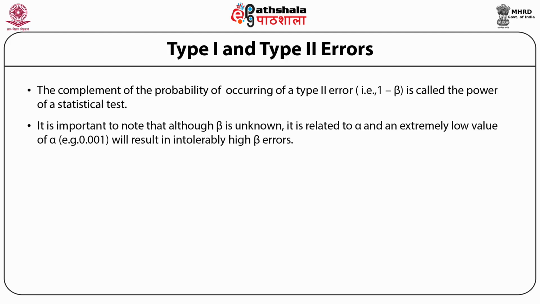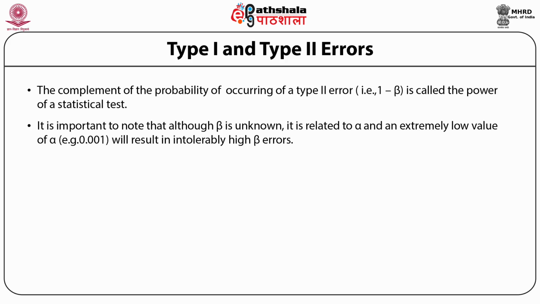It is important to note that although beta is unknown, it is related to alpha, and an extremely low value of alpha will result in intolerably high beta values. What that means is that if we are trying to reduce only one type of error, it may lead to an increase in the other type of error. So, it is advisable to balance the two types of errors.